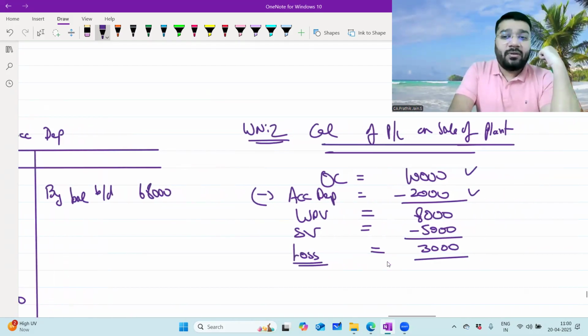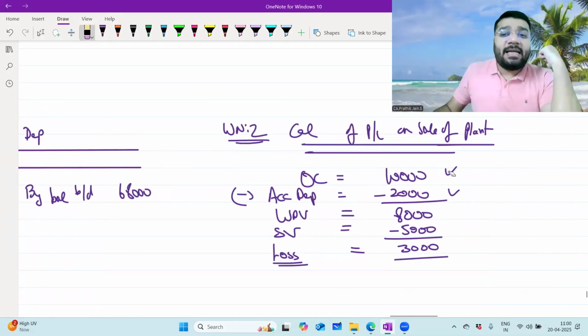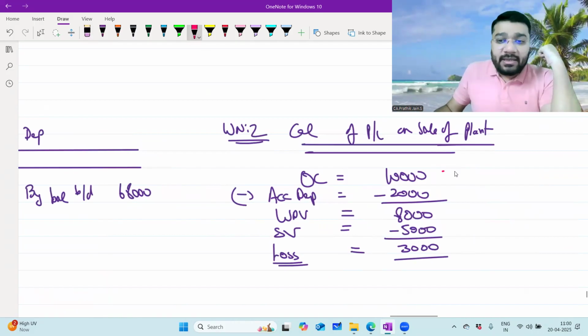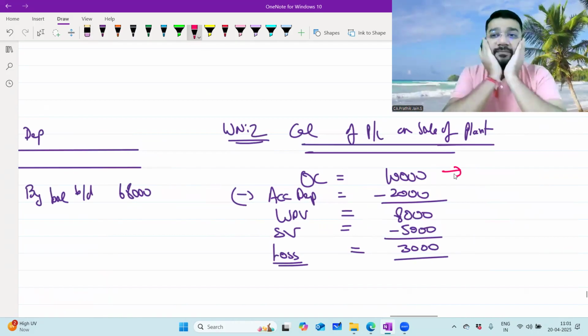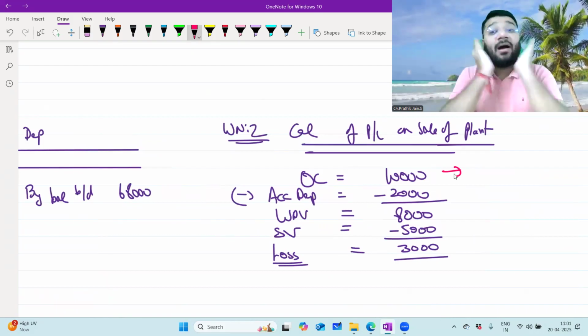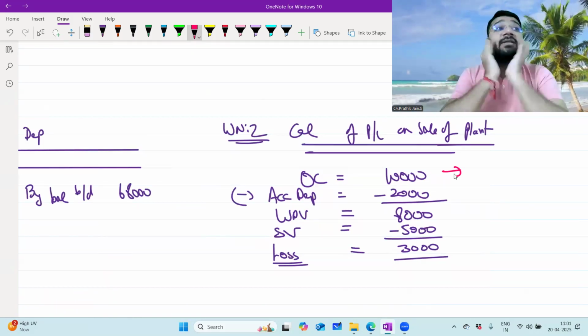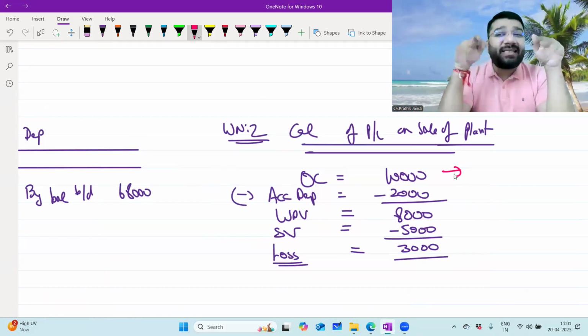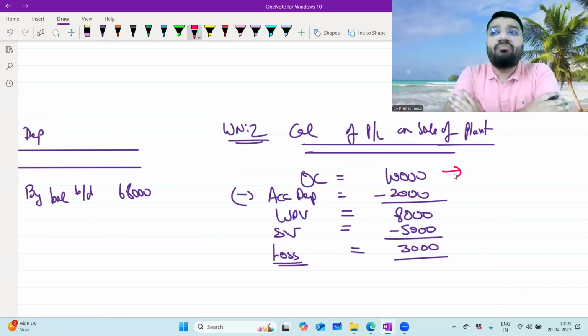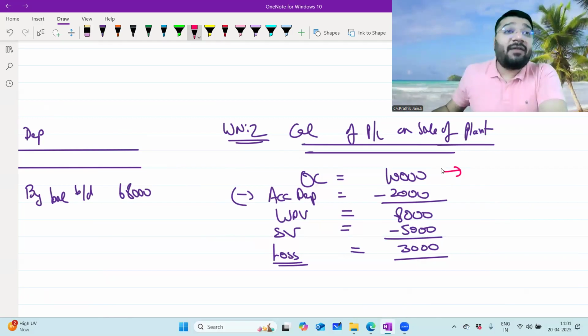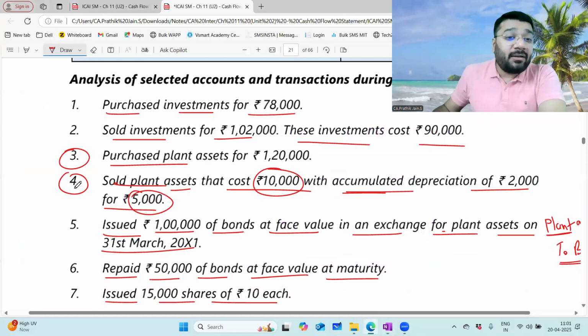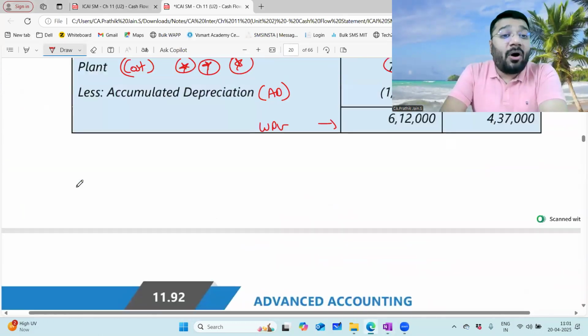This data, is it anywhere in the ledger? I'm asking about 10,000 first. It is already there. Where? We are following the provision method in the plant account, which means in the plant, the asset will always be at cost.